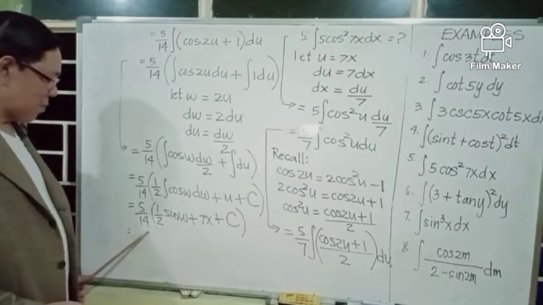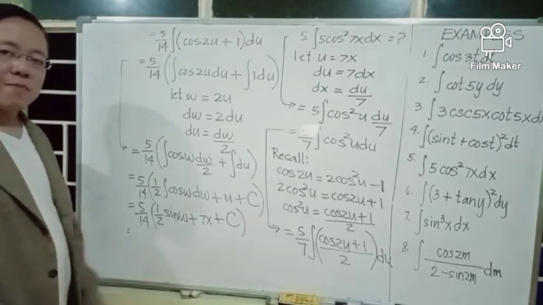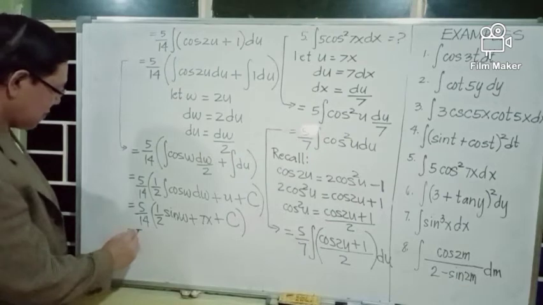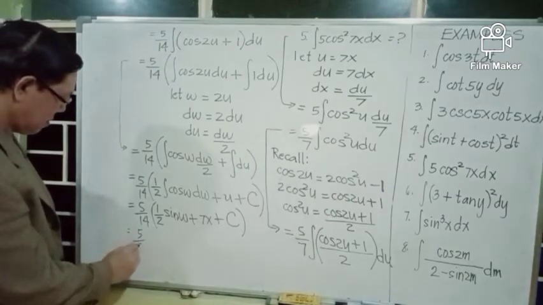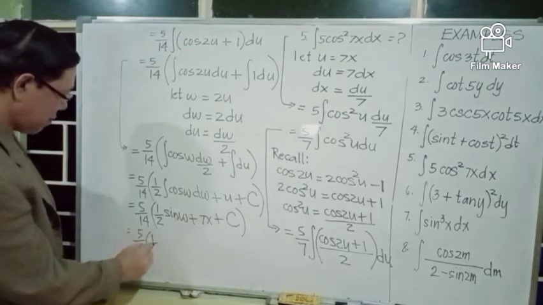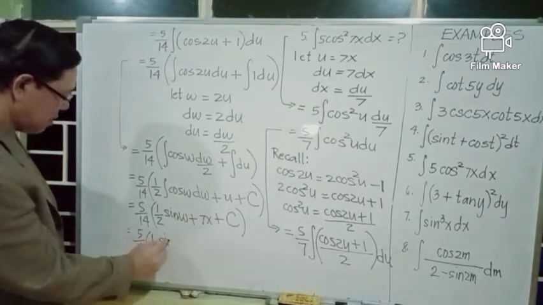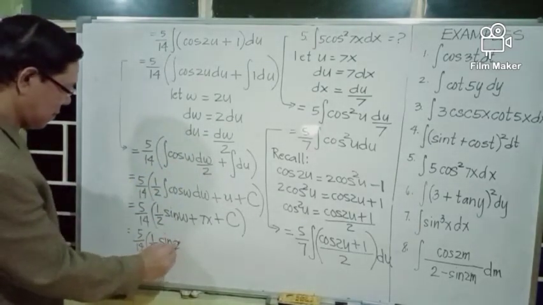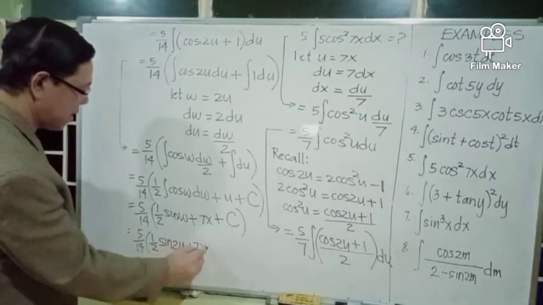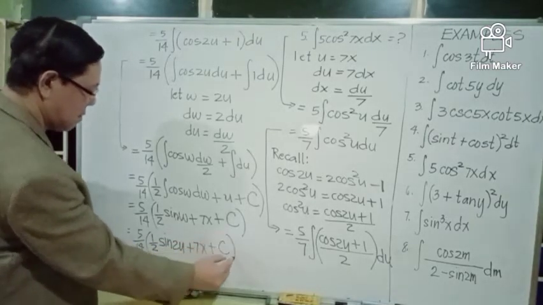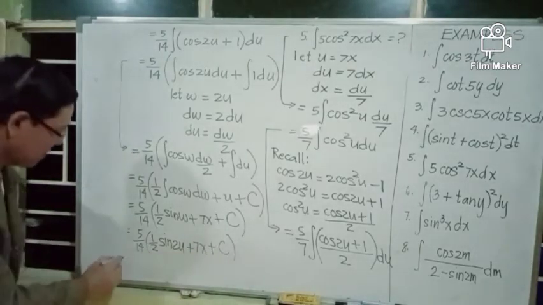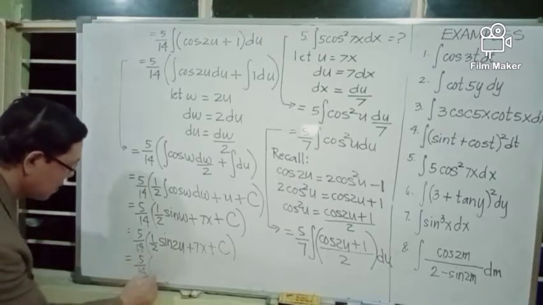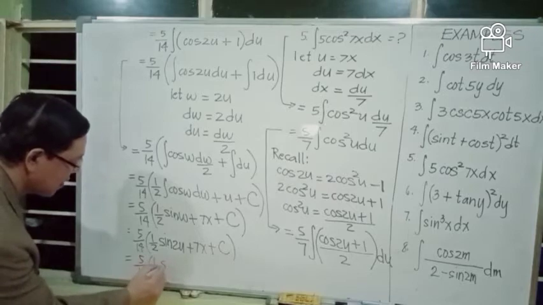You may distribute 5 over 14, multiply each term by 5 over 14. Or we write 5 over 14 multiplied by 1/2 sine of w, which is 2u, plus 7x plus C. Or we have 5 over 14 multiplied by 1/2 times sine.